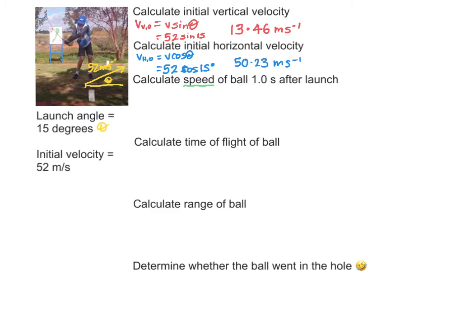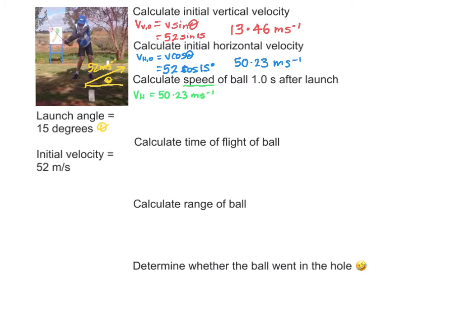No forces act in the horizontal direction, so that stays constant. So the horizontal component of the velocity after 1 second will still be equal to 50.23 meters per second.